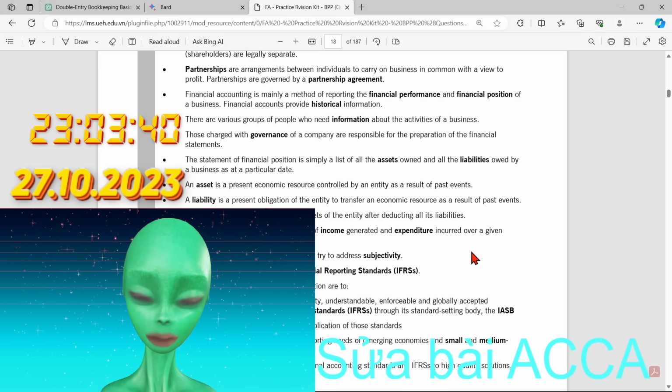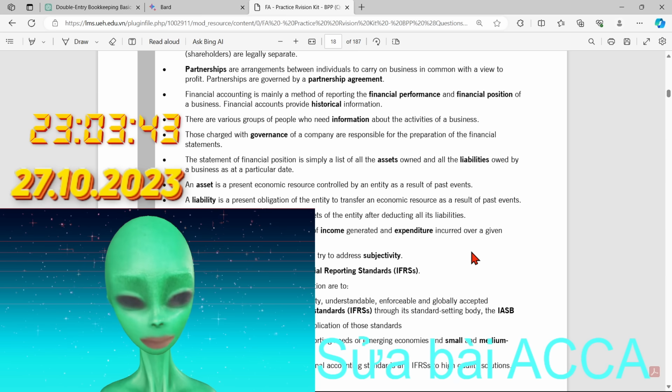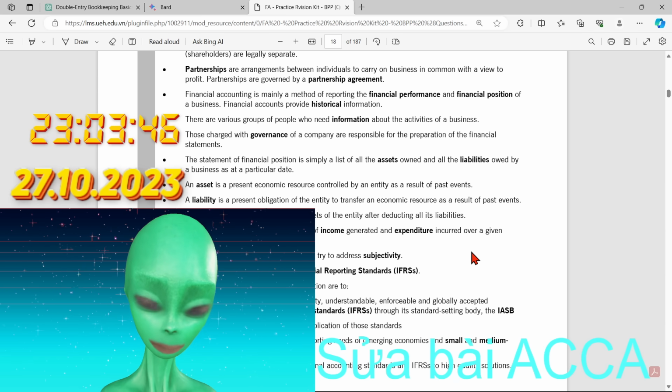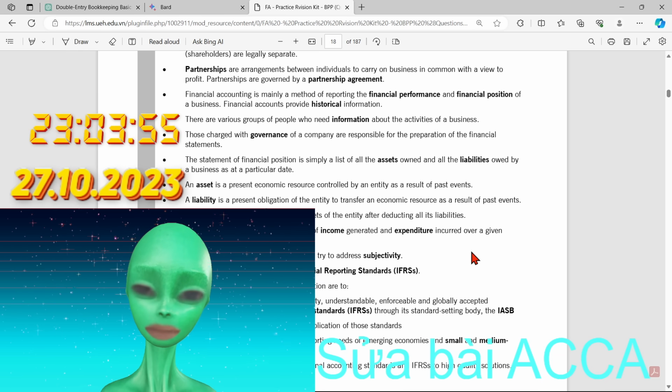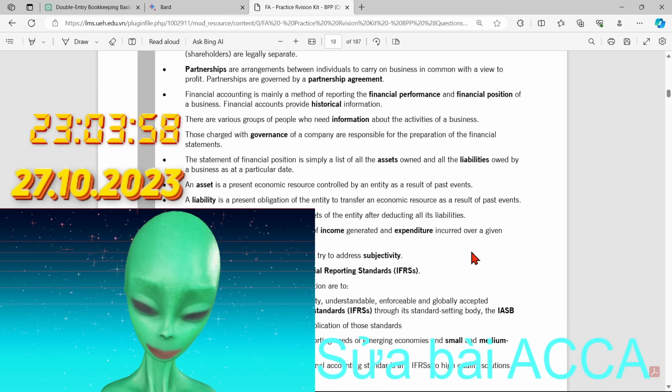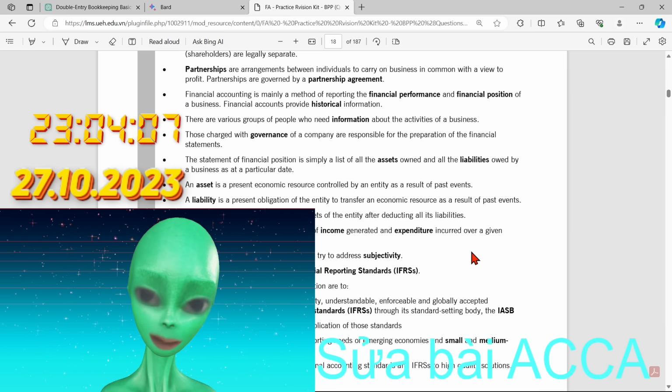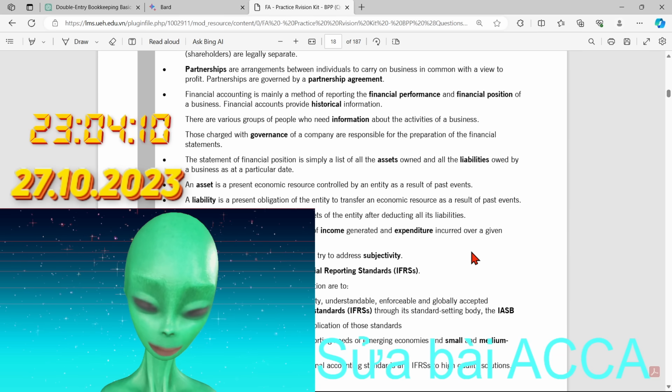It also aims to promote the use and rigorous application of those standards, take account of the financial reporting needs of emerging economies and small and medium-sized entities, and bring about convergence of national accounting standards.